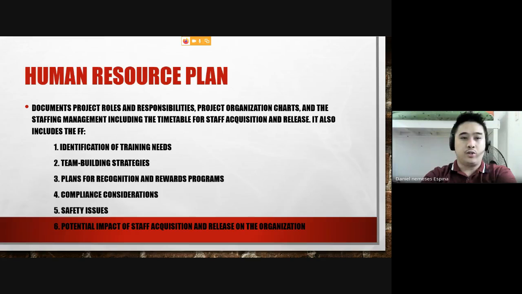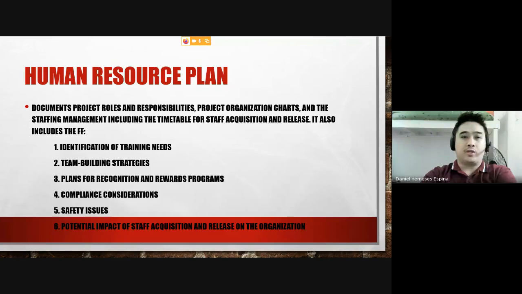And it also includes the following: identification of the training needs, strategies in team building, plans for recognition and rewards, compliance considerations. So is there any requirement ng mga qualification, safety issues, and the potential impact of staff acquisition and release on the organization.